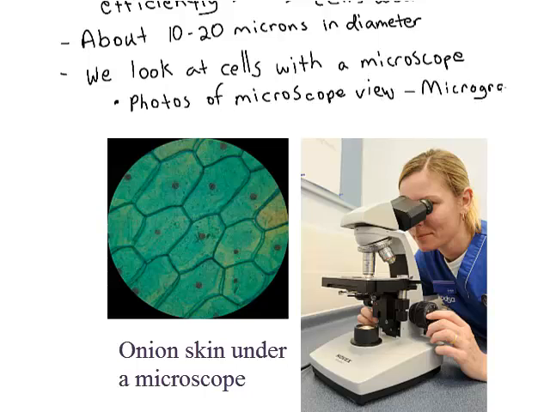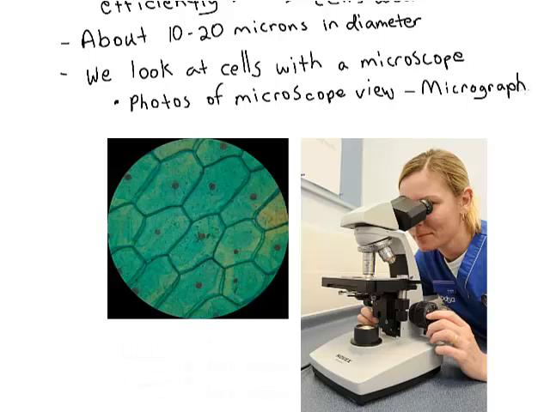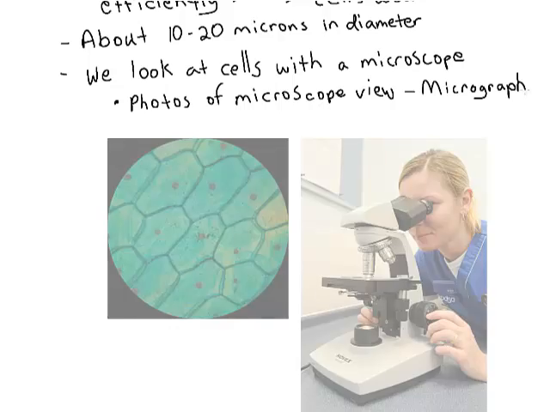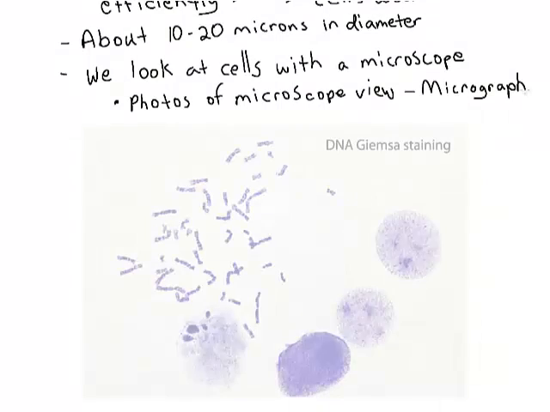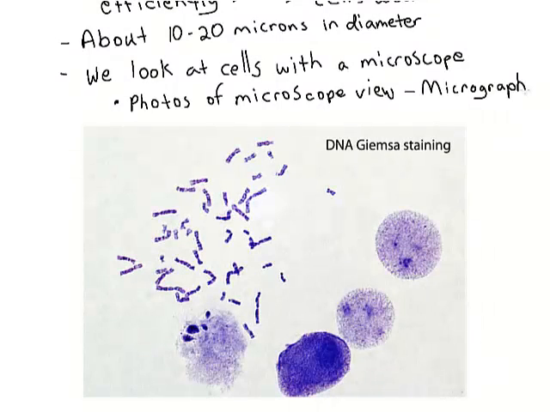For the most part, cells are transparent, so their internal detail is often not visible until they are stained. This staining increases contrast between cell structures or even between different types of cells. This staining can be used as a diagnostic tool for identifying the causes of some diseases.